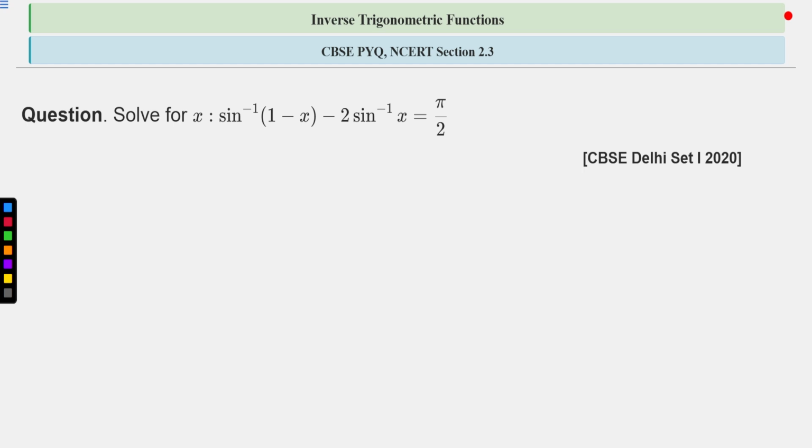Next question is: solve for x when sine inverse 1 minus x minus 2 sine inverse x is equal to pi by 2, right? We basically have to find the value of x when sine inverse 1 minus x minus 2 sine inverse x is equal to pi by 2. Clear?